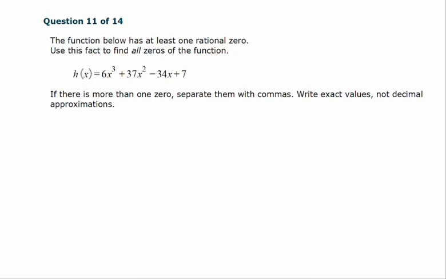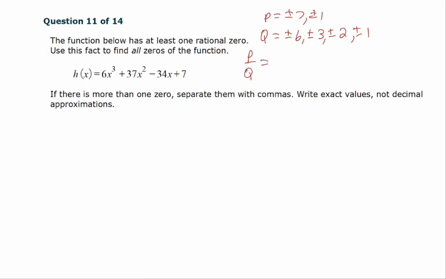Okay. So first, let's do our P over Q list. Our P is 7 and 1. Our Q is 6, 3, 2, and 1. Now, I am going to build the P over Q's.